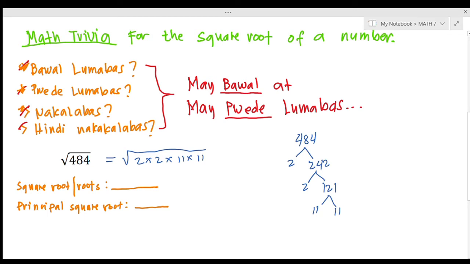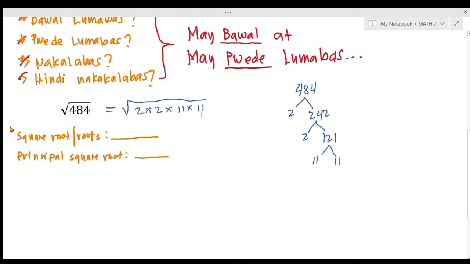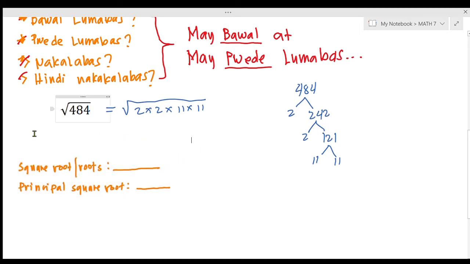After that, we're going to find the numbers that can come out and those that cannot. To find out, since this given is under the square root of a number, meaning we have an index of 2, we look for numbers that we will pair with each other. We have two numbers that can be paired: 2 times 2.